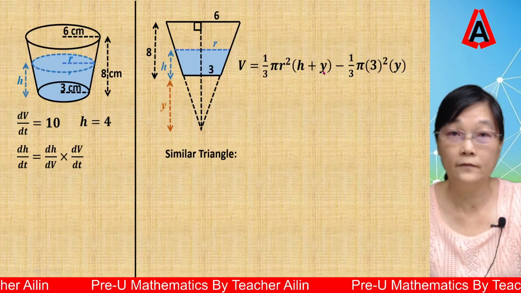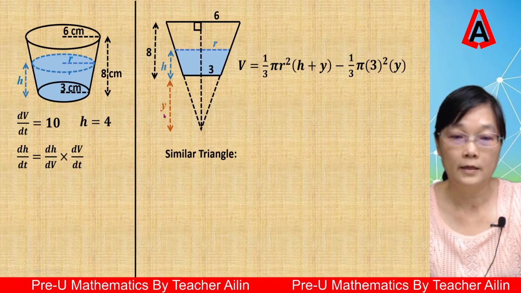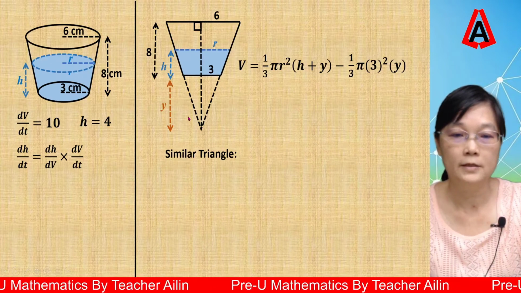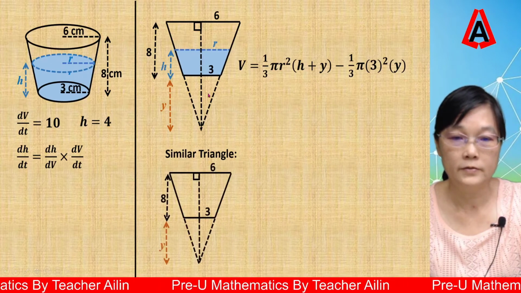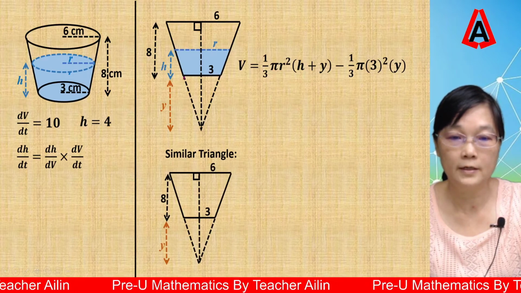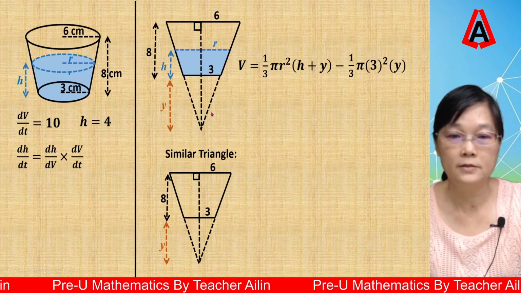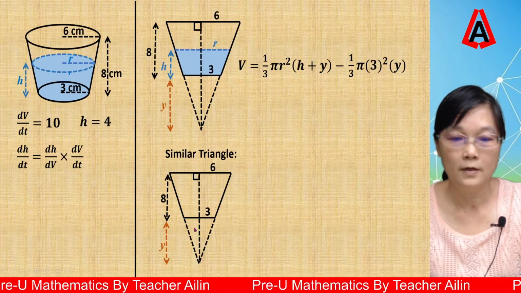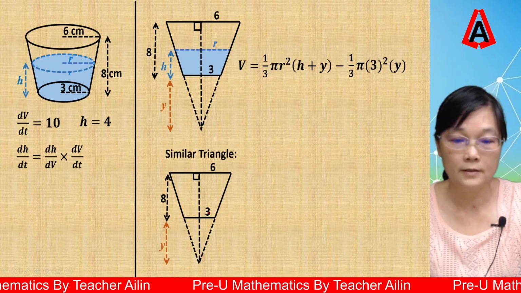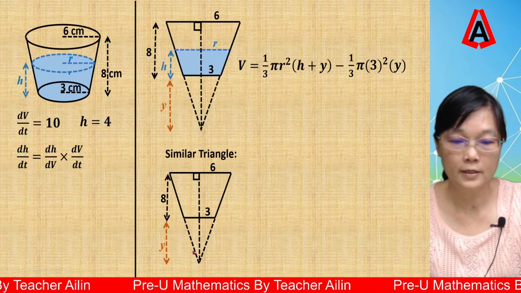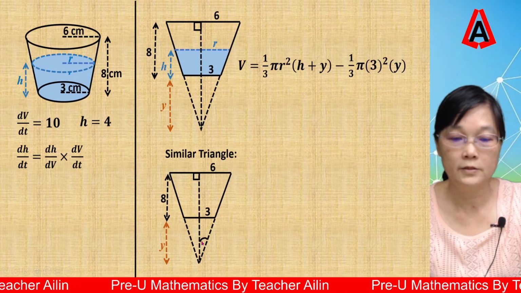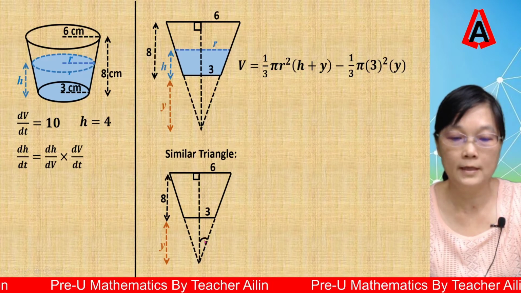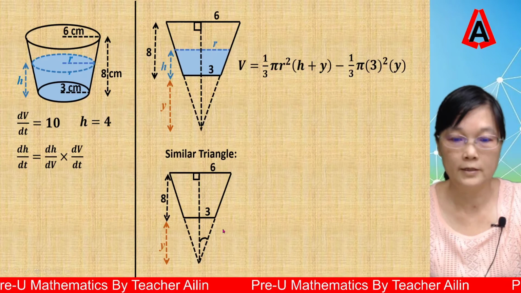To find the value of y, I only need 2 triangles, so I use the smaller triangle and the biggest triangle. Based on these similar triangles, I'm going to use this common angle to do the calculation.